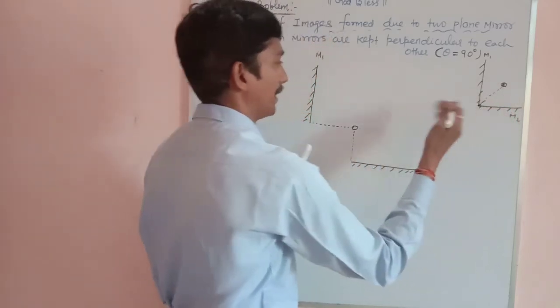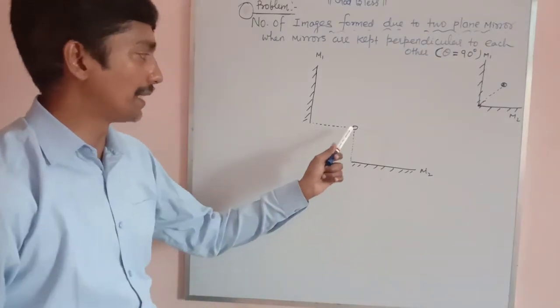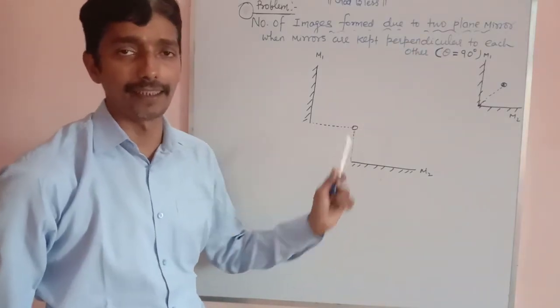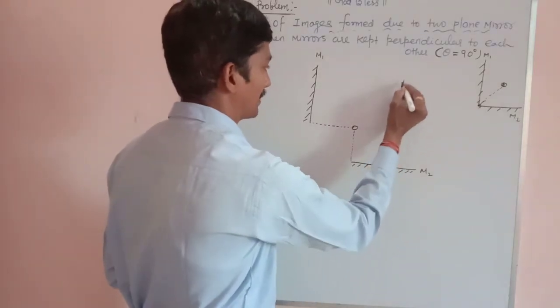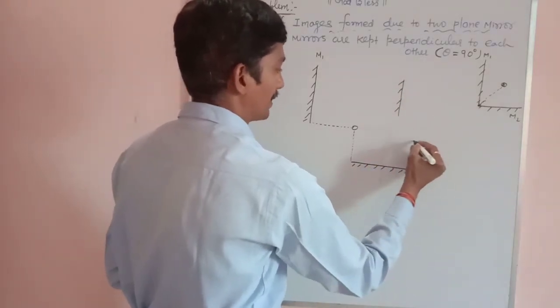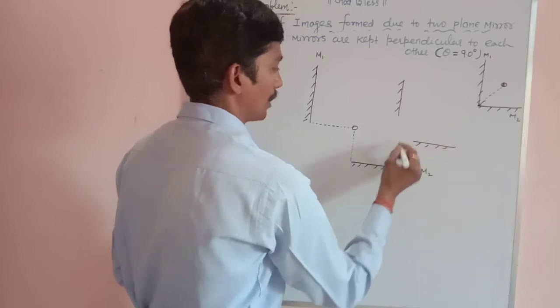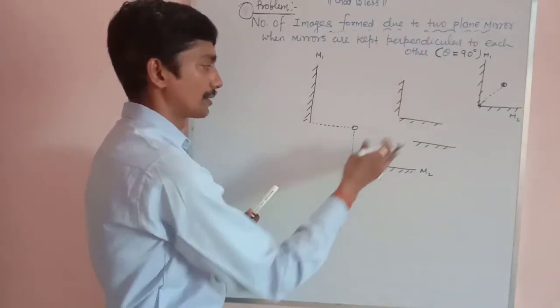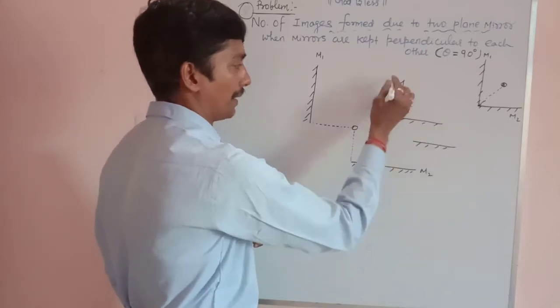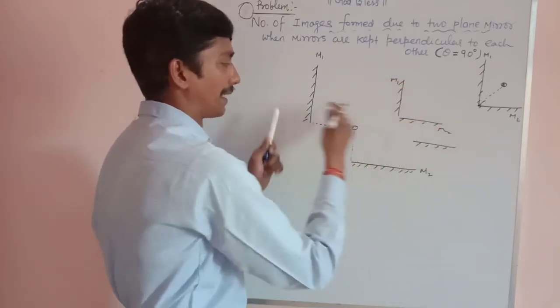Try to differentiate. But now the object is over here. You can see, and still the mirrors are perpendicular, because one mirror is like this and another mirror is like this. So if I bring this mirror here, you can see it is perpendicular. So still the mirrors M1 and M2 are perpendicular in the diagram.